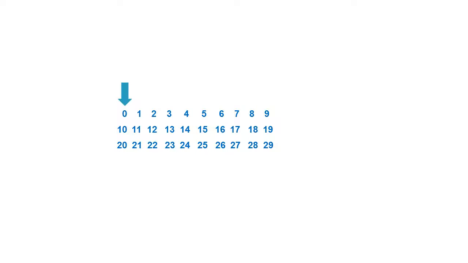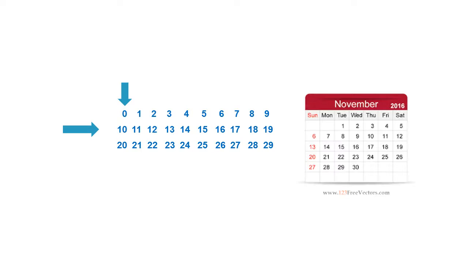You can see this is starting to form a table, because the column here now has a shared characteristic, and that is that the least significant digit is the same, and that's the case for all of these columns, and our row has the most significant digit the same. This is like when we have a calendar.